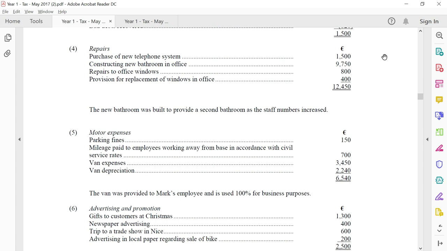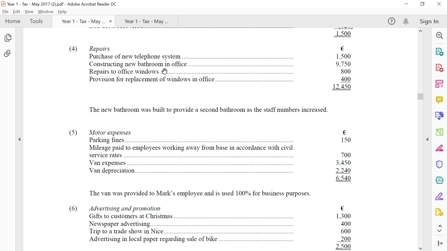A repair is restoring an asset to its original condition. I have no problem with that. That's normal repairs and maintenance. But buying a new telephone system or enhancing the value with, let's say, an even better model is going to be capital expenditure. And all capital expenditure is disallowed. So purchase of new telephone system, I'm going to add it back of $1,500.